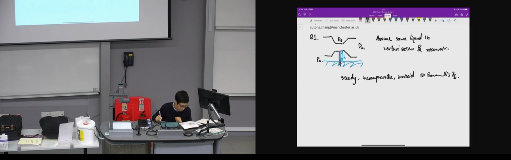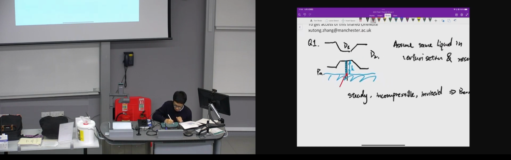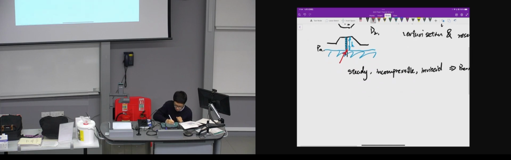All right. So we first consider this point. You can all see this point clearly, right? This is a point on the tube right at the water level.